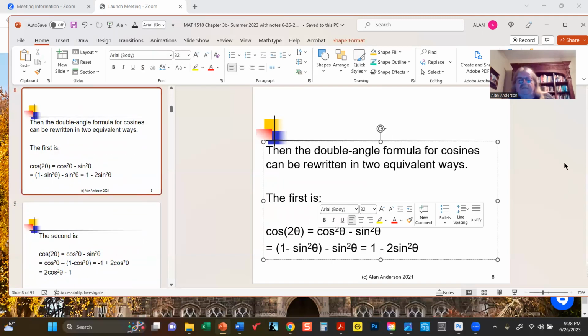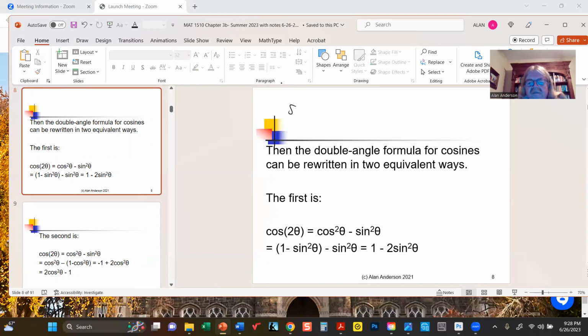Okay, so the Pythagorean identity, let me remind you right here, equals 1. So that means this can be rewritten as 1 minus sine squared theta.